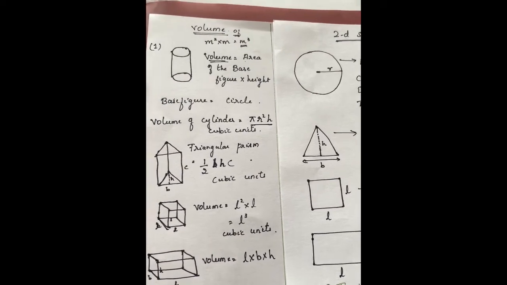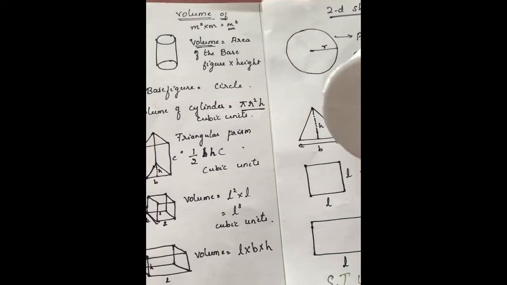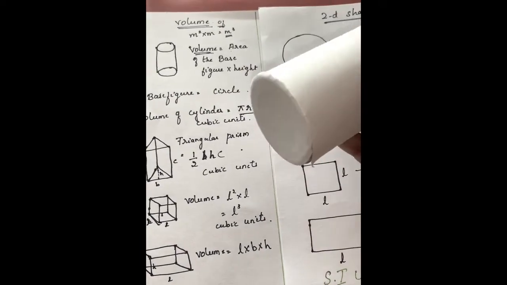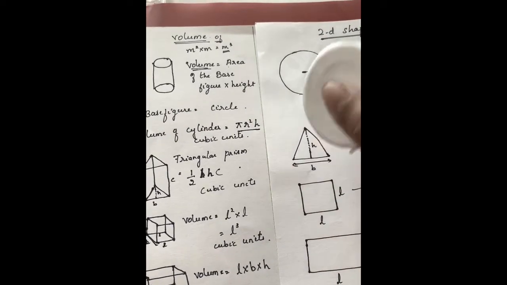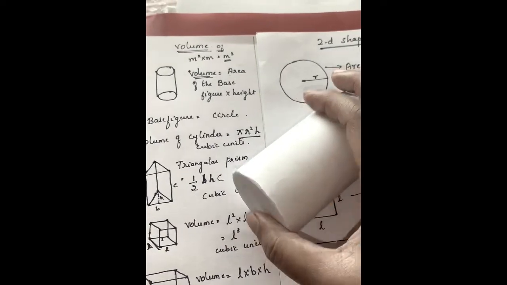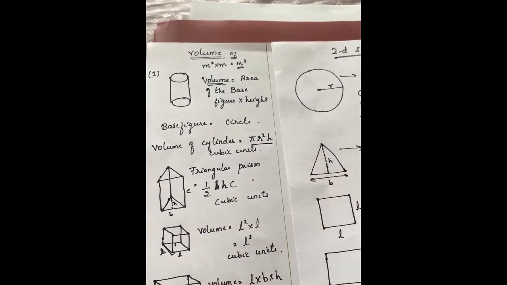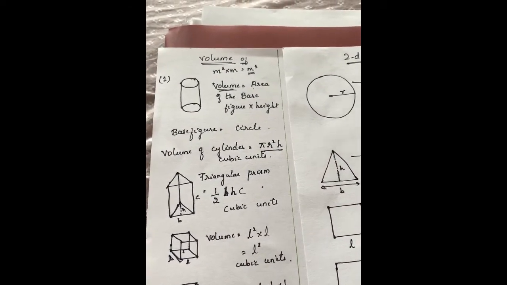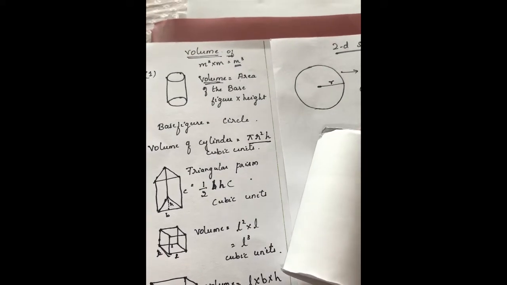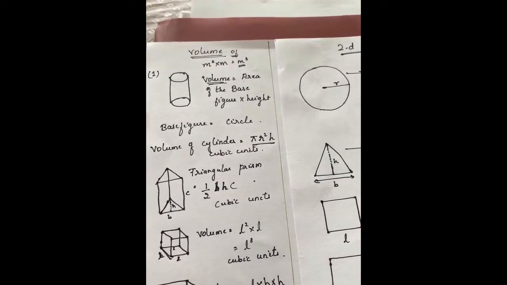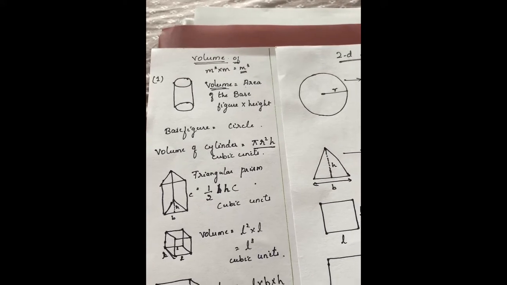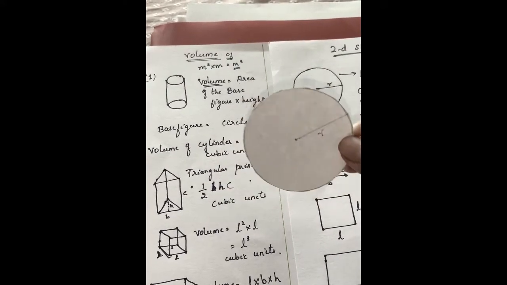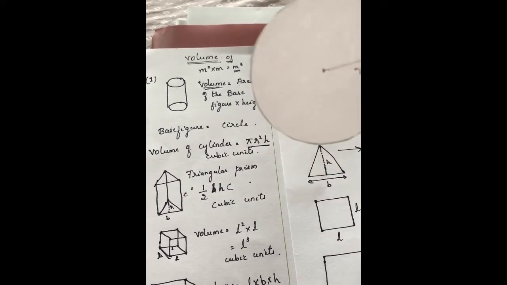Take the area of the base figure, which here is the circle, and multiply the area of the circle by the height of the cylinder to get the volume of the cylinder. That is essentially many two-dimensional circles piled in layers, which forms the cylinder.